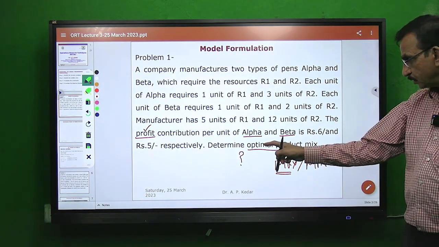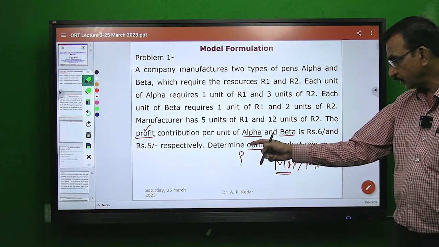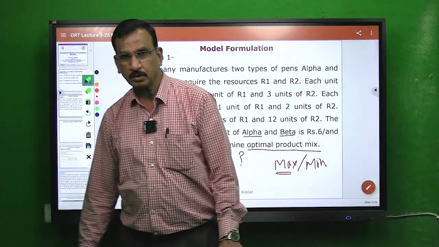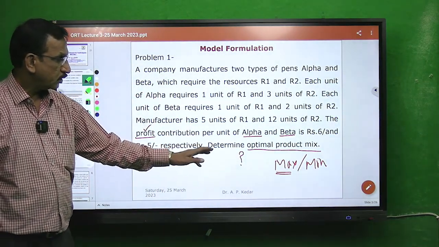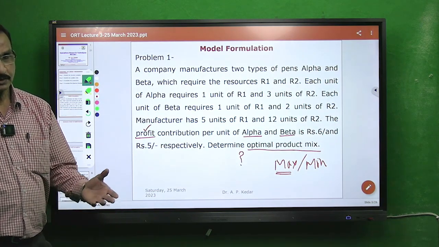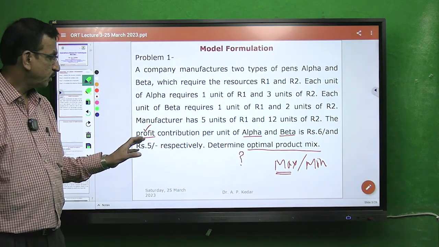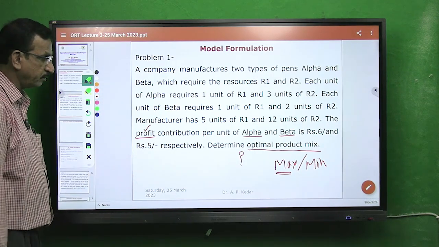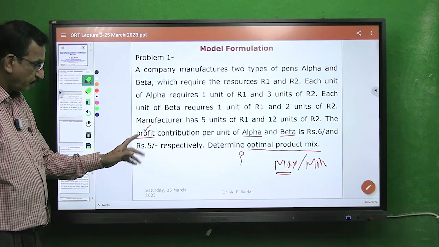The examiner is not compelled to give you either maximize or minimize; as an OR specialist, we should be in a position to identify it.